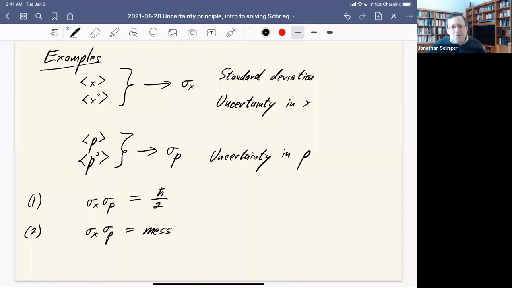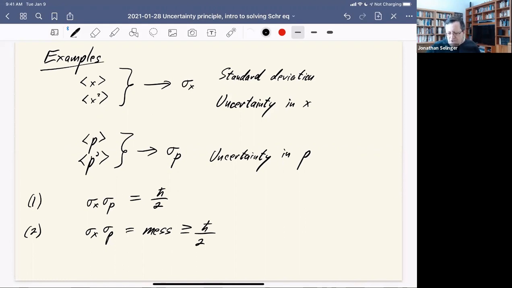It involved time. It involved this constant alpha that I introduced. But if you plug in numbers for alpha and time into that mess, you always get something that's at least as big as h bar over 2. It's generally bigger than h bar over 2, but it's never smaller than h bar over 2. So I'll say it's greater than or equal to h bar over 2.